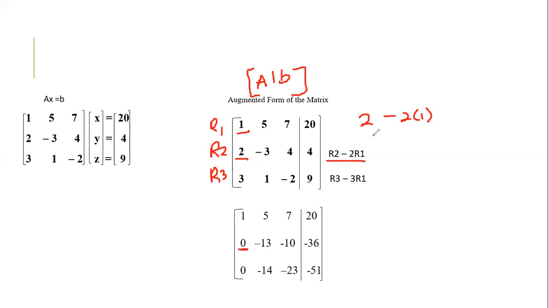Then the next one will be negative 3 minus 2 times 5. The 2 multiplies the whole of row 1, you understand? So 2 times 5, that will be negative 3 minus 10, which is negative 13. That gives you the negative 13 you have here.